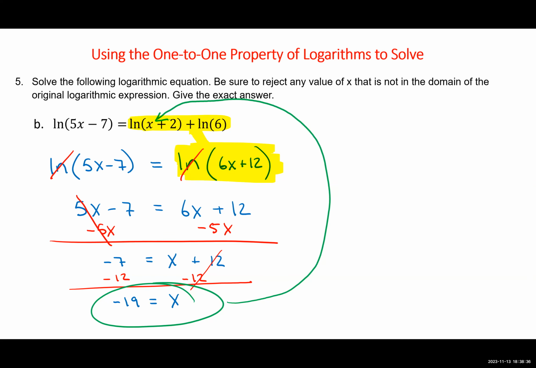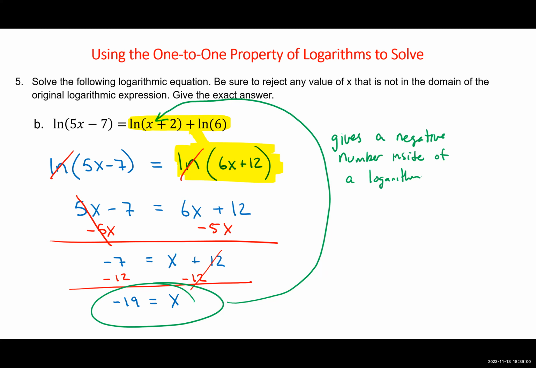Well, negative 19 plus 2 gives a negative number. Gives a negative number inside of a logarithm.